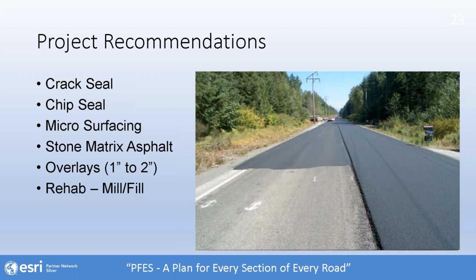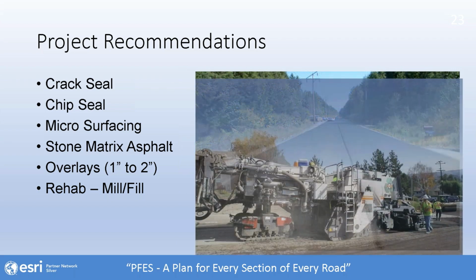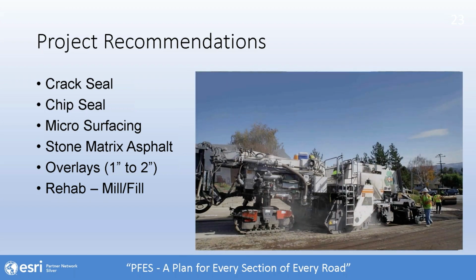Finally, overlays. If the road is beginning to oxidize, if there's cracking, if the road is rough, the model would recommend an overlay. And finally, mill and fill. If the road is deteriorated to a point where preservation is not applicable, we'll recommend either a 2-inch mill, a minor rehabilitation, or a major rehabilitation, which is a 4-inch. This will bring everything up to 100% or nearly 100%, all those cracking measures I talked about.